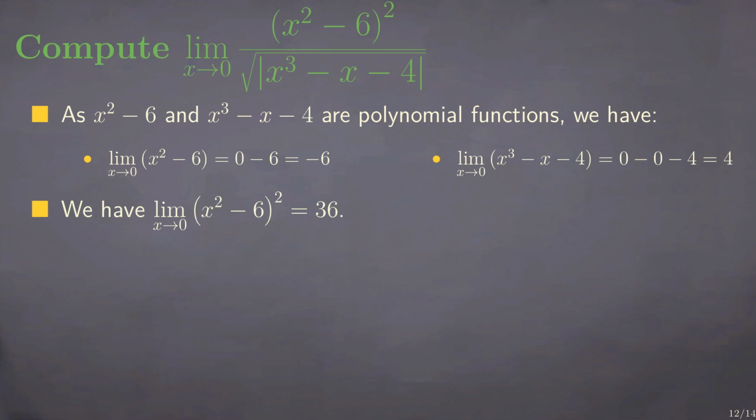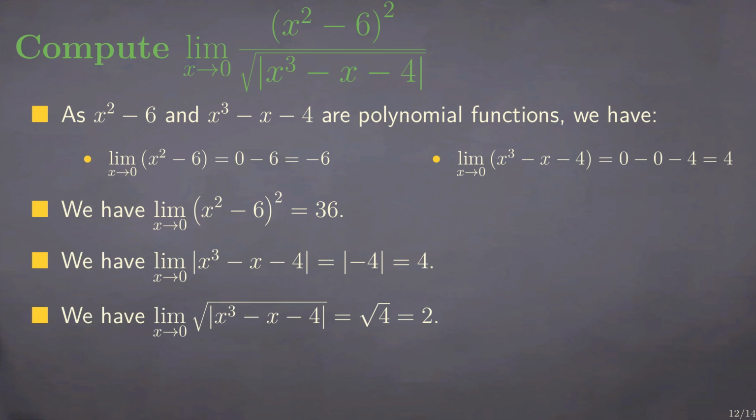Now, using the product rule, we see that the limit when x tends to 0 of (x squared minus 6) squared is actually the square of minus 6, which is 36. And the limit of the absolute value of x to the power 3 minus x minus 4 is actually the absolute value of minus 4, which is 4.